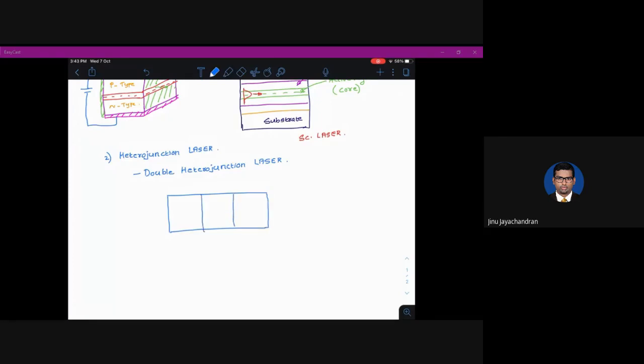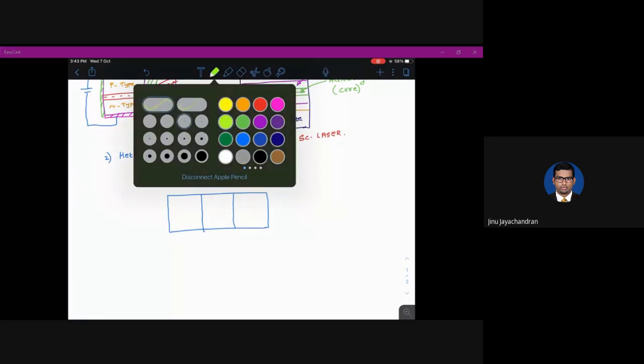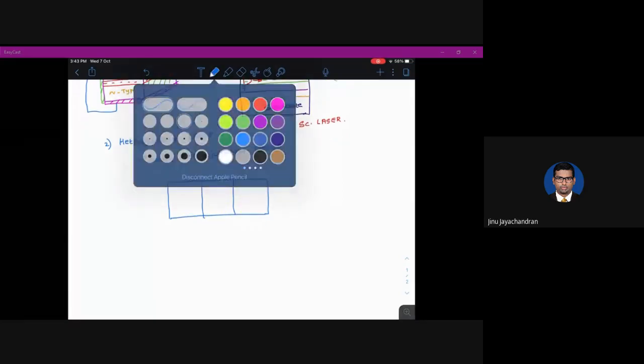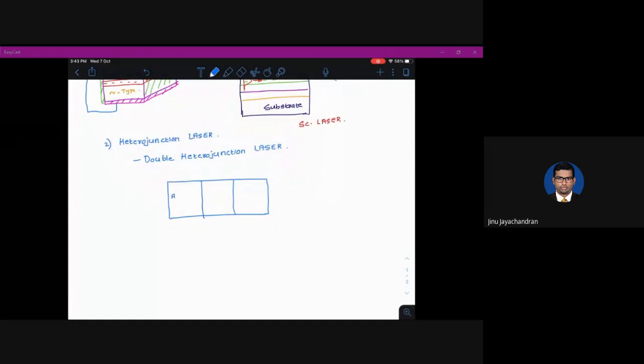There are two such junctions. So there is the first junction, which is this, and there's a second junction, which is this. And usually you will have a material like aluminum gallium arsenide, which is of p-type at one end, and n-type aluminum gallium arsenide at the other end, and there's a different semiconductor, gallium arsenide, in the middle.